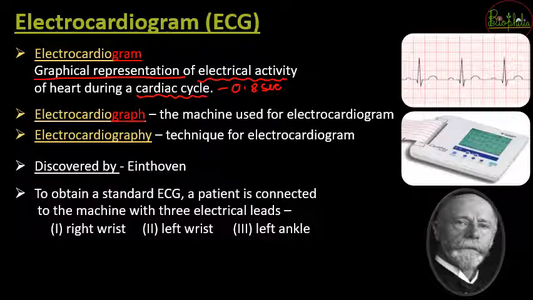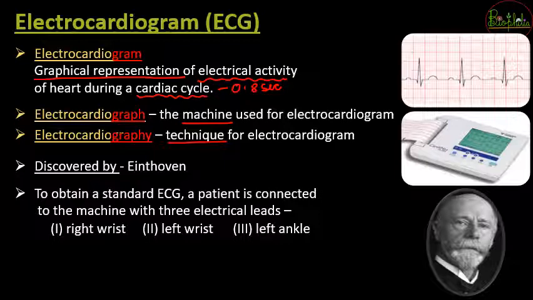If it is electrocardiograph, then it is the machine that is used for taking out the graphic representation. But if the term is electrocardiography, graphy is related to the technique or process used to get the graphical representation, that is the electrocardiogram.